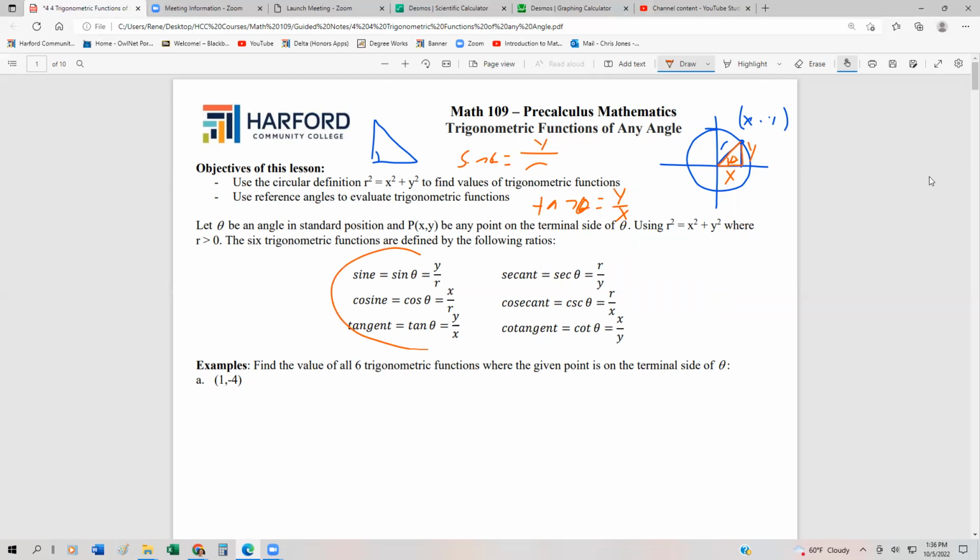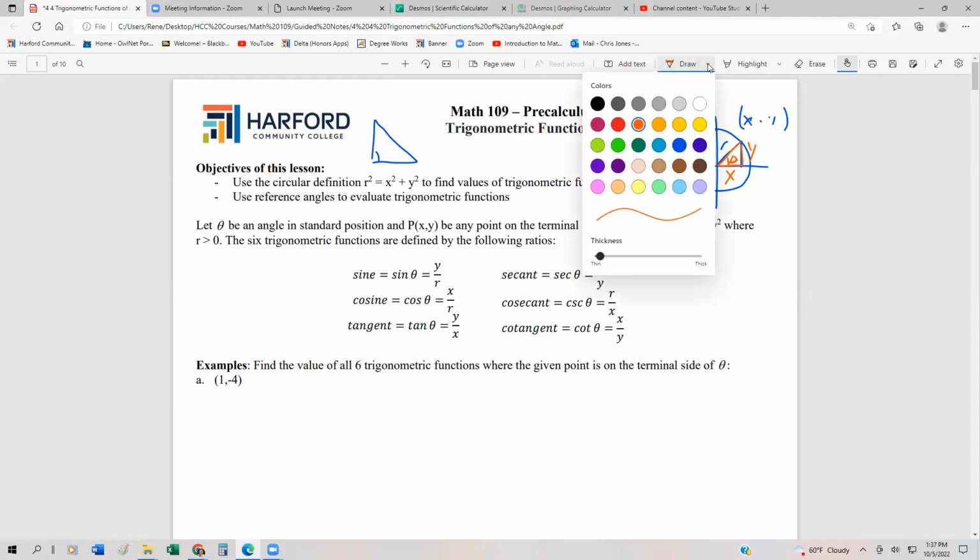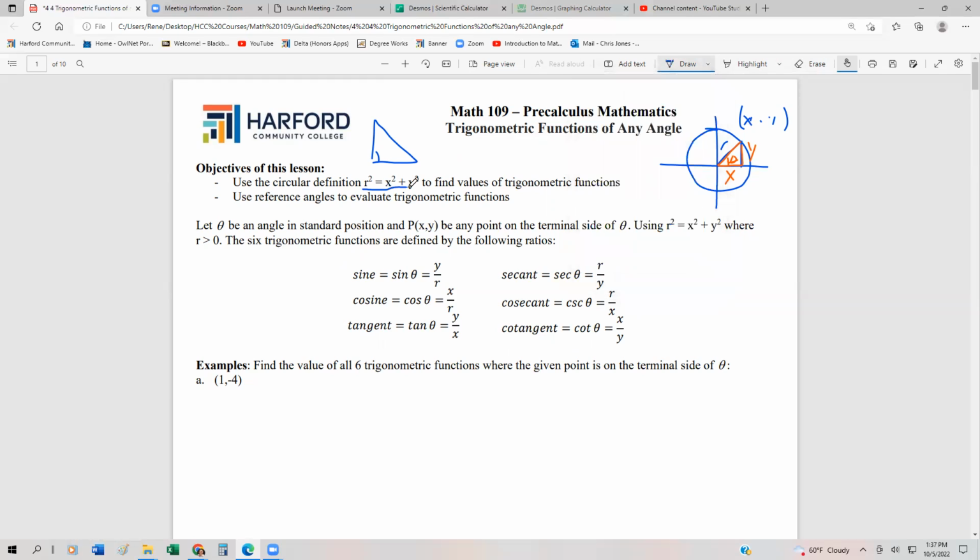That's where these definitions come from for a circle of radius r. We're building it from the Pythagorean theorem and our right triangle definitions. If we know the point x y that falls on this circle, we can use both the relationship x squared plus y squared equals r squared and these definitions to find the values of the six trigonometric functions.